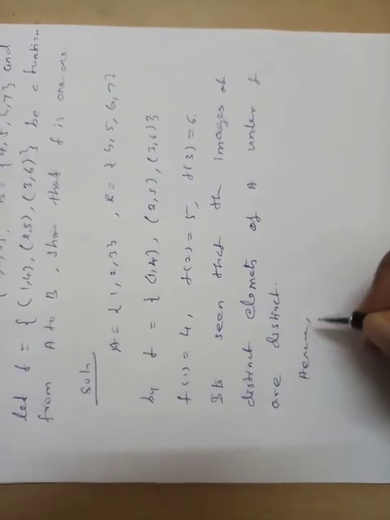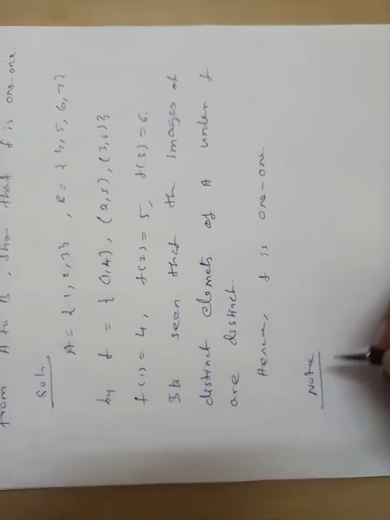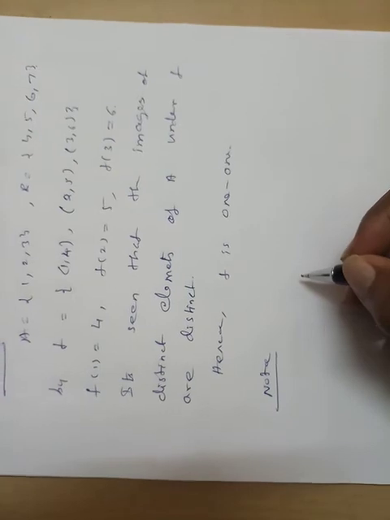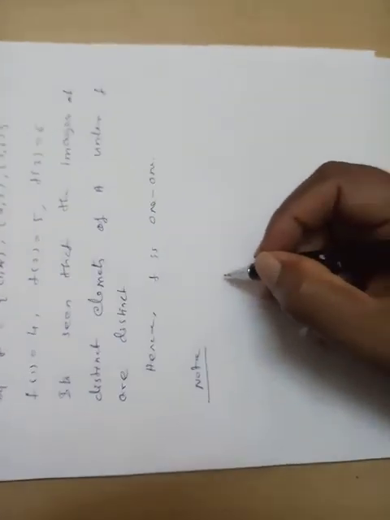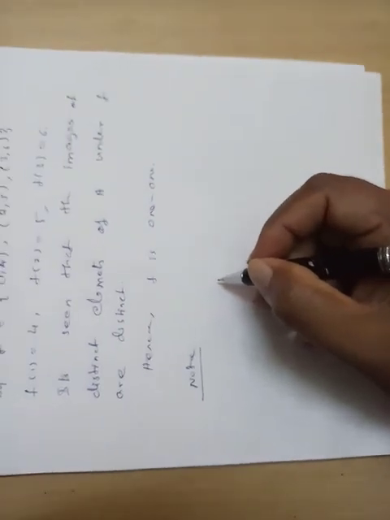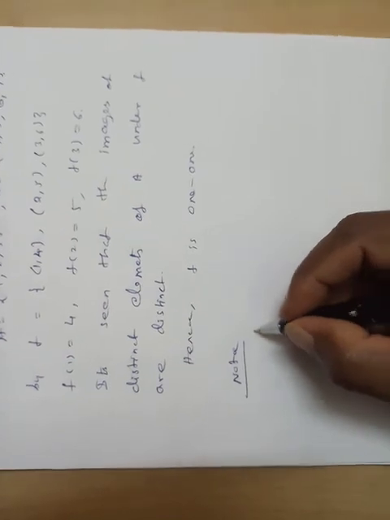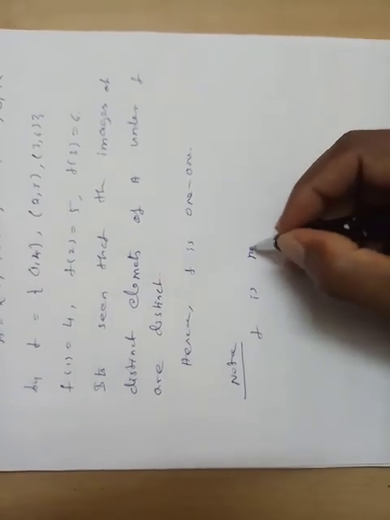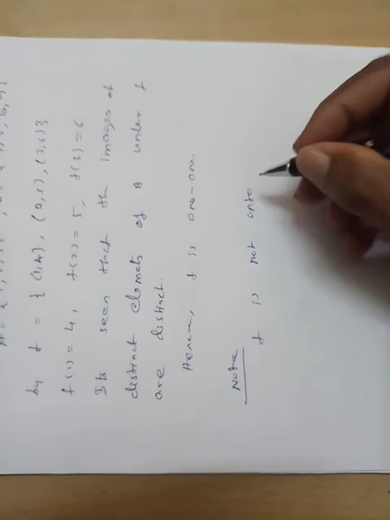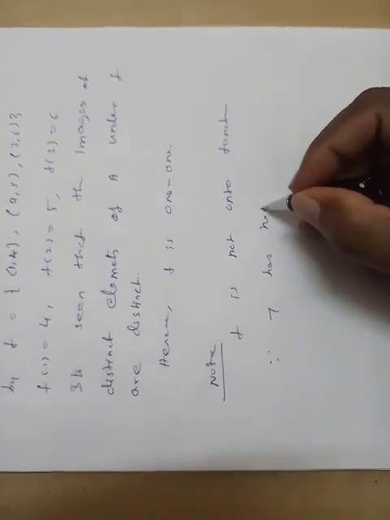Hence f is one-one. Note here the domain has 3 elements and the codomain has 4 elements. Thus the element 7 has no pre-image. Therefore here f is not an onto function, since 7 has no pre-image.